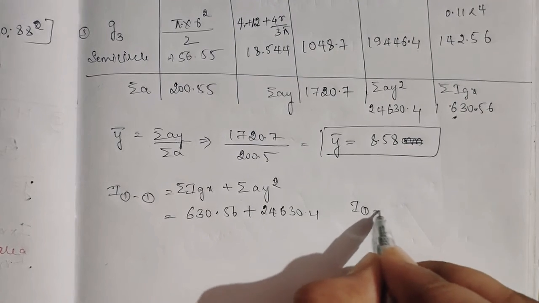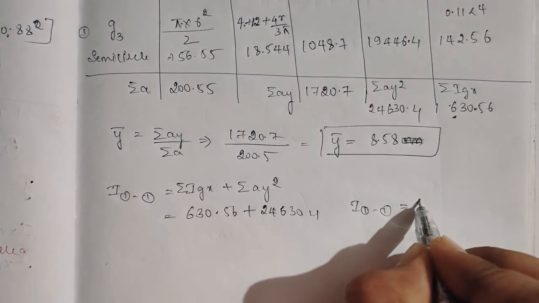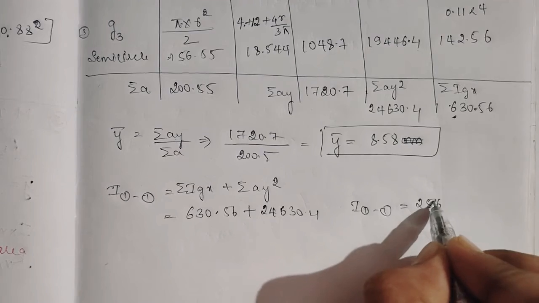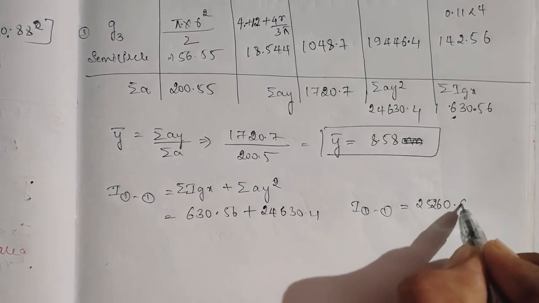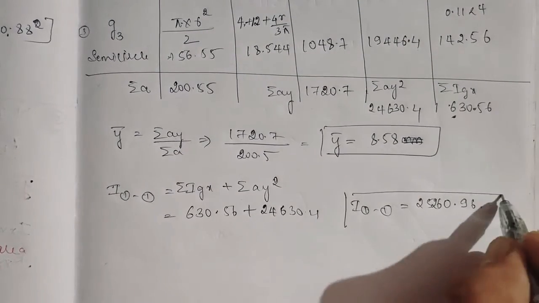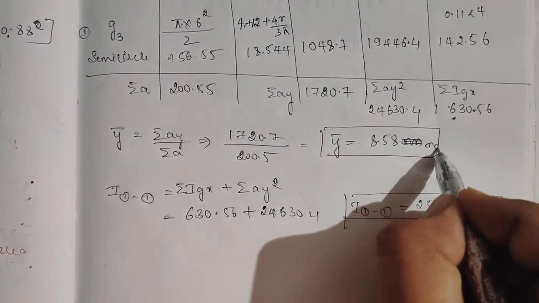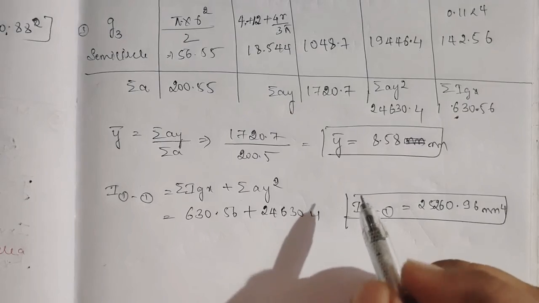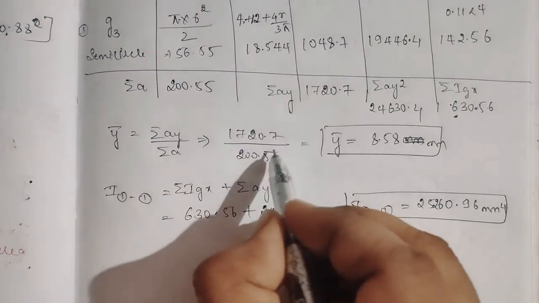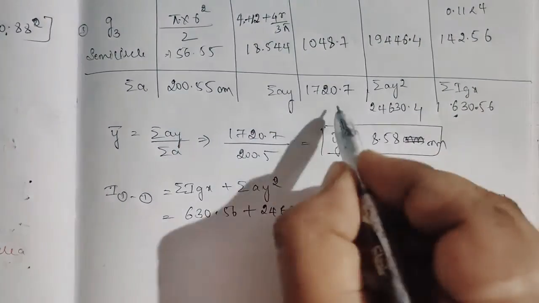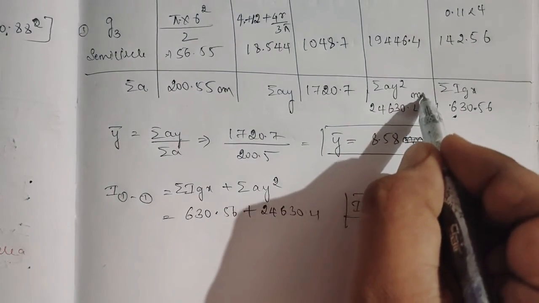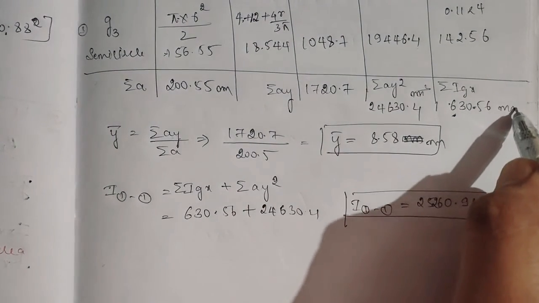So the moment of inertia about the 1 axis is 25260.96. I'll take all the units in mm, so this is mm to the power of 4.